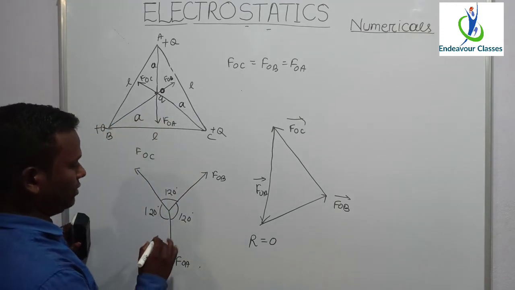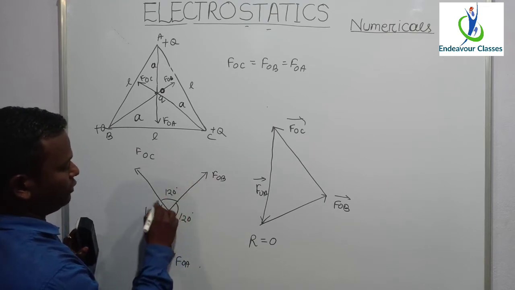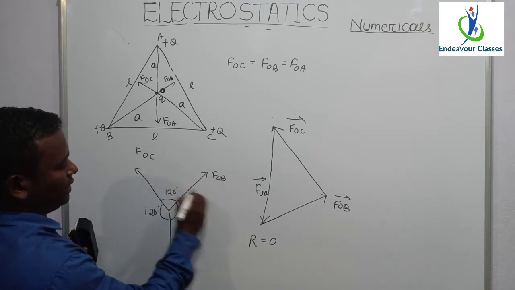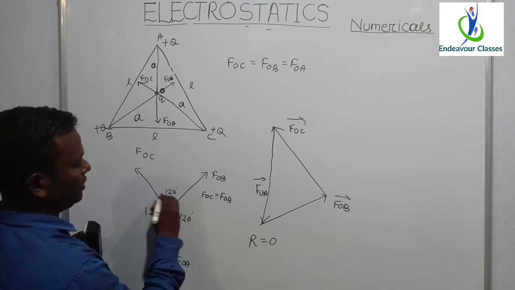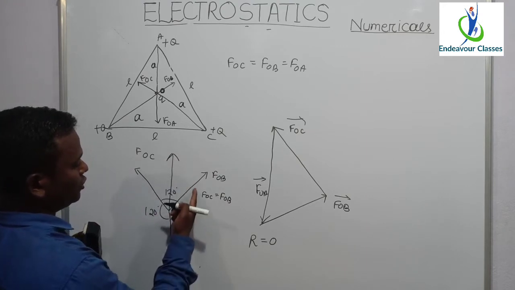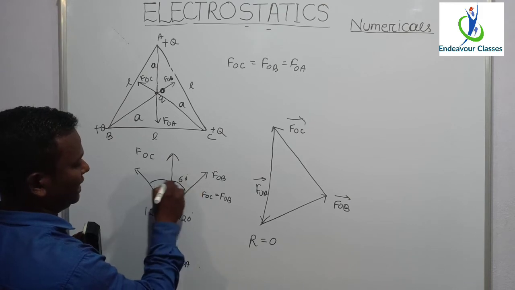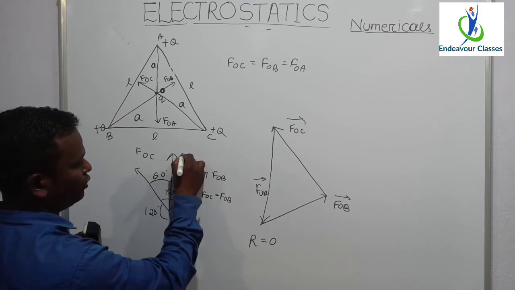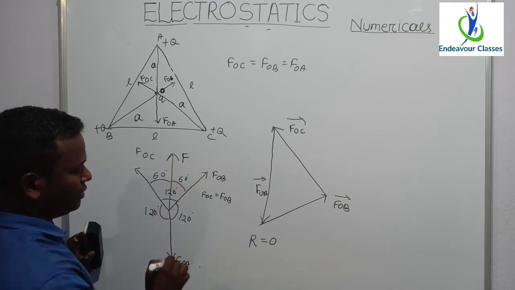In another way, we can also see that these are two vectors, FOC and FOB, with FOC equal to FOB, and the angle between them is 120 degrees, so the resultant will go exactly along the midline joining the two forces. So this will make an angle of 60 degrees, and the resultant will also be equal to F, that means equal to these two.